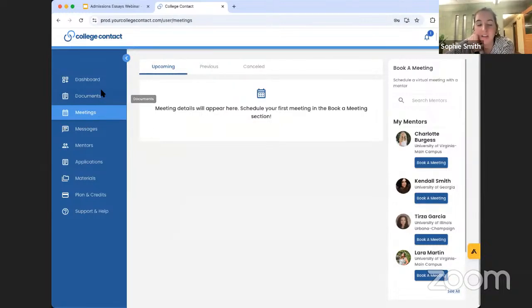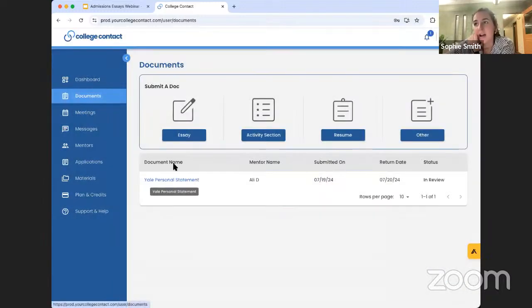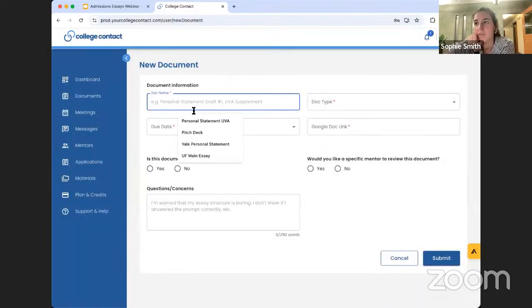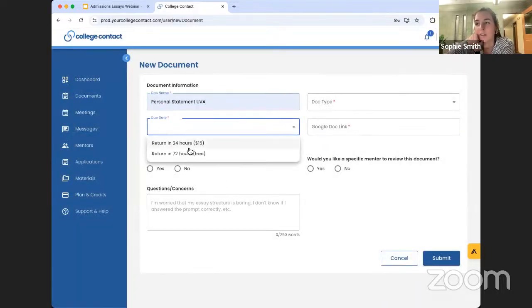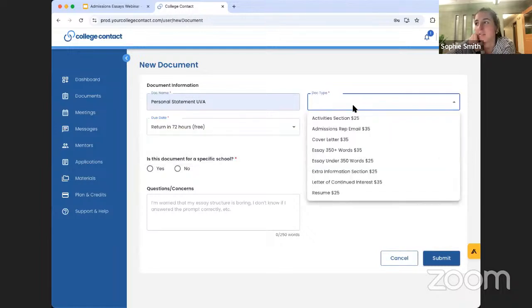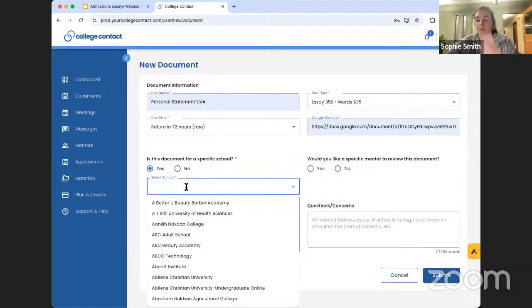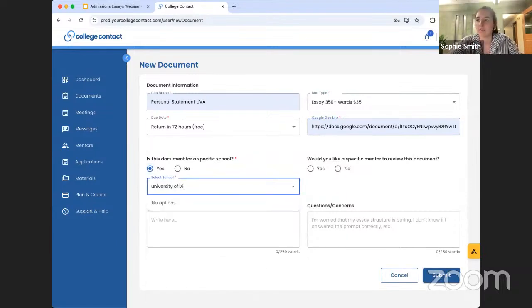If you guys want to send us your essay and you're done and you're ready to just get it reviewed, you come to this tab, documents, you tell us what the essay is, when you would like it to be returned to you. So 72 hours, that's like 3 days. I would like my essay to be reviewed. You put in your Google Doc link. You say, yep, it's for University of Virginia.